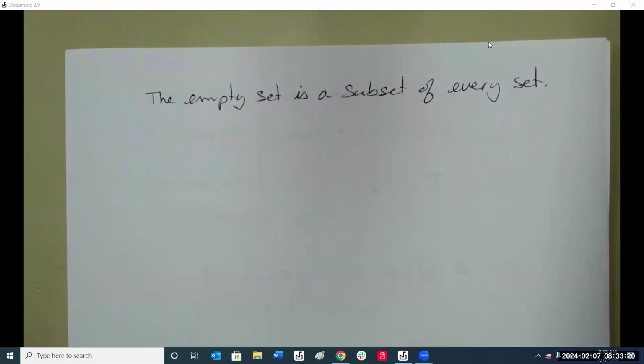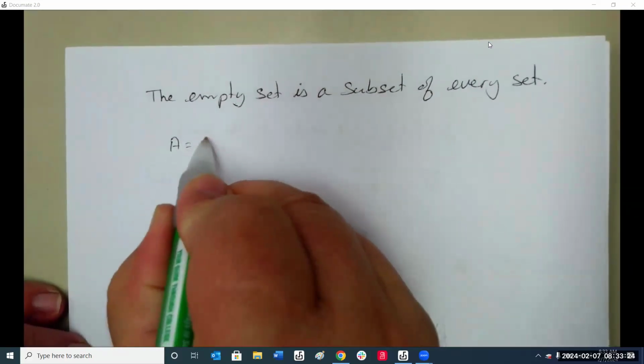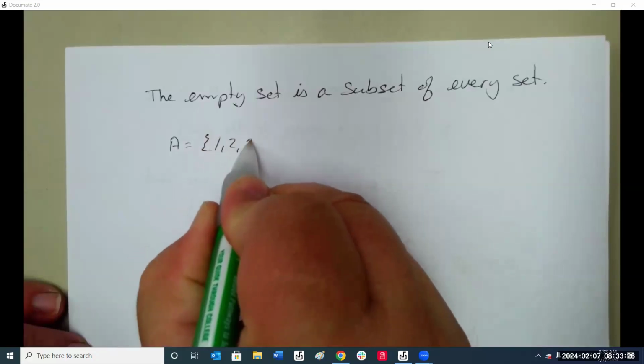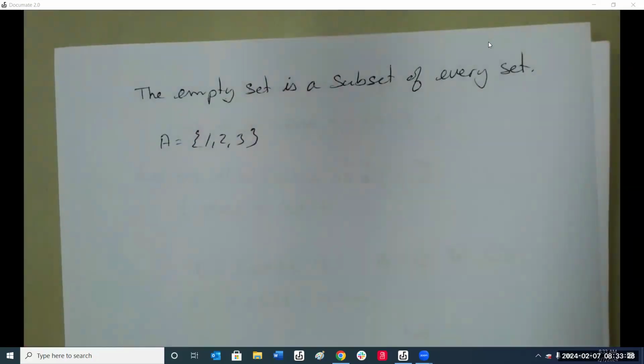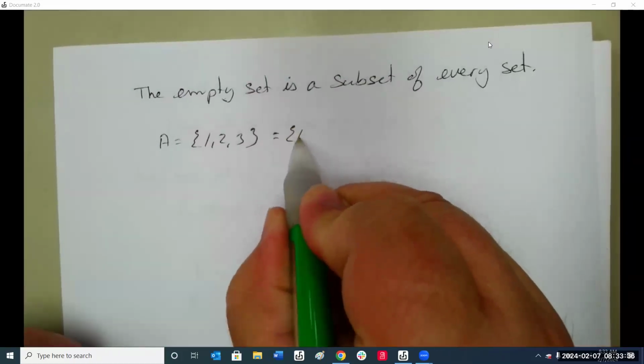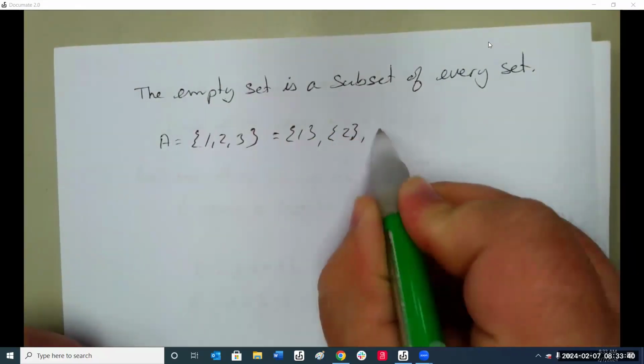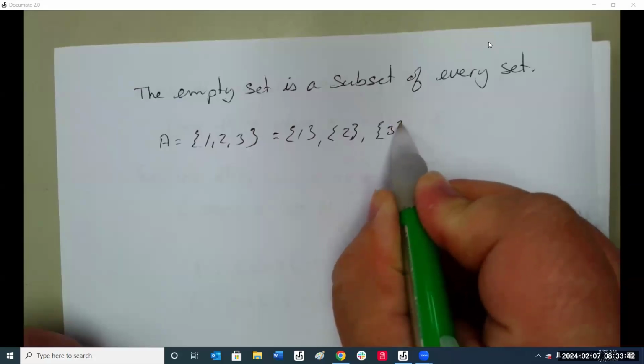Because if I ask you to list all possibilities of set A, what would they be? Element 1, element 2, element 3.